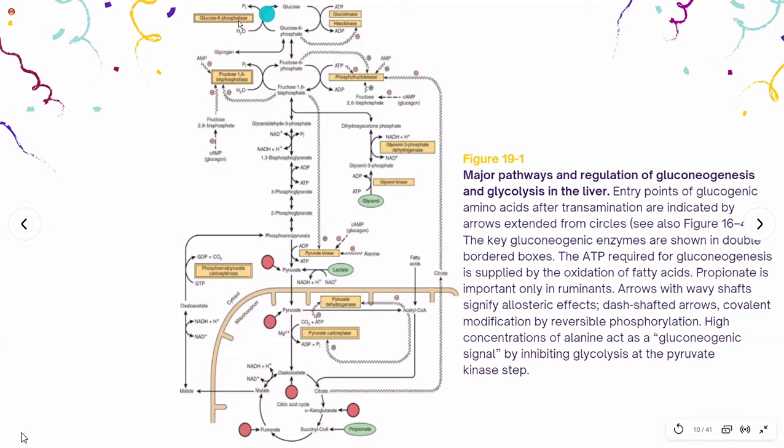This is a phosphatase, removes the phosphate here, and you have now a free glucose. That free glucose can go out into the plasma, and augments the blood glucose, increases the blood glucose. So there you are.